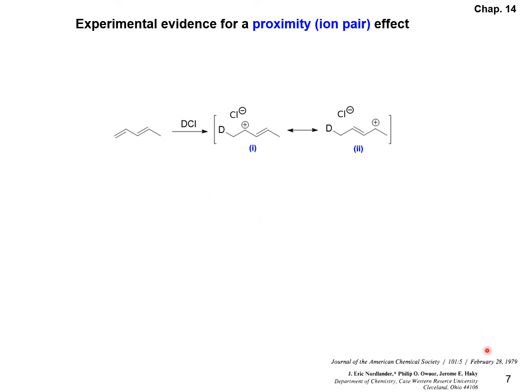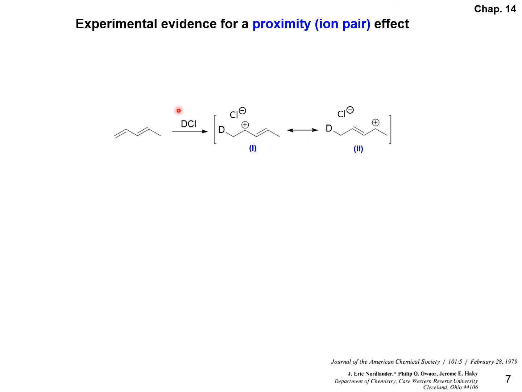In 1979, some scientists at Case Western Reserve came up with an experiment that demonstrates this proximity effect. They took this diene and they treated it with DCl, and they ended up first with the formation of this carbocation. If they used HCl, they would have obtained a carbocation that had two identical resonance structures.